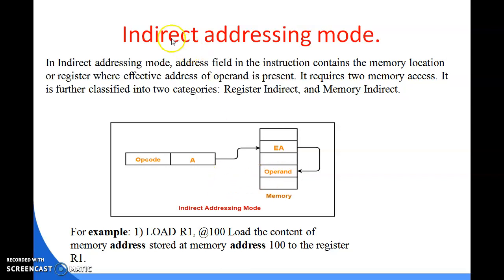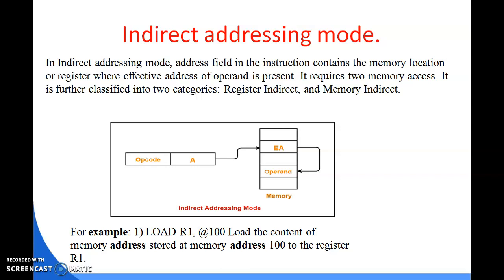So this is the indirect addressing. When you try to access this operand or data, first you access the address of the effective address. Then the effective address contains the address of the location where the actual operand or data is stored. So that is the indirect mode of addressing.